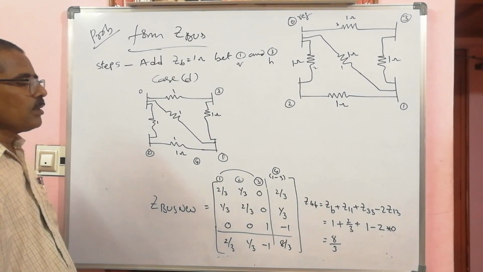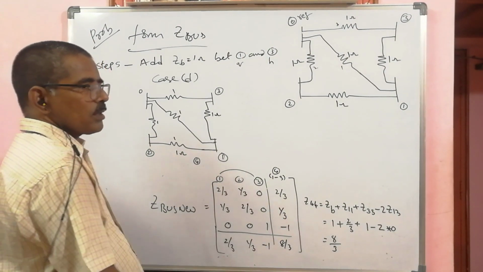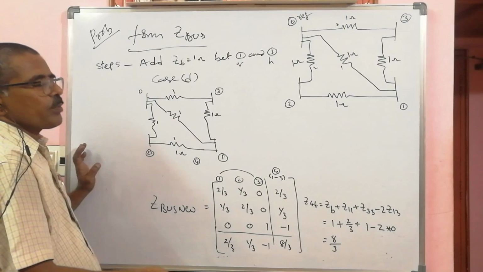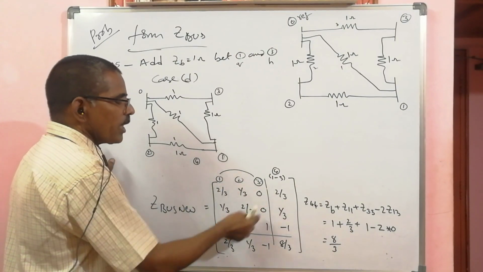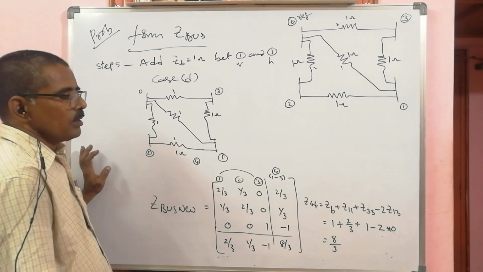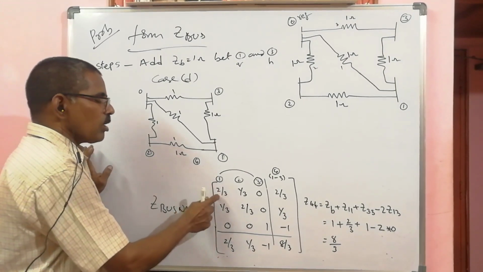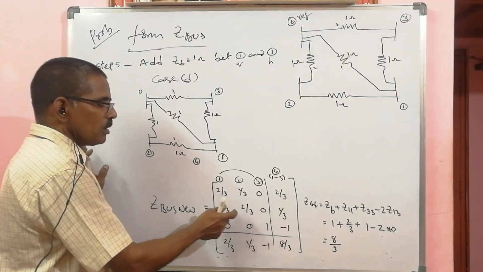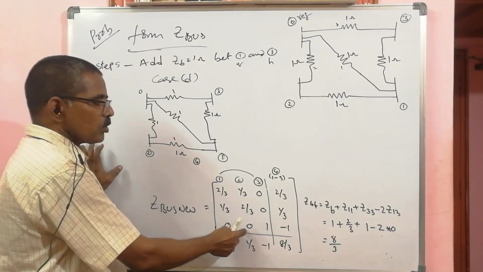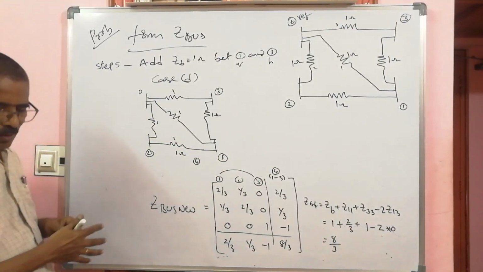What is the next step? So temporarily you raised this, reduce this to 3 by 3, which needs node elimination. That means all these 9 elements, as we did in the last class, are to be modified. So use that and modify Z11, Z12, Z13, Z21, Z22, Z23, Z31, Z32, Z33.